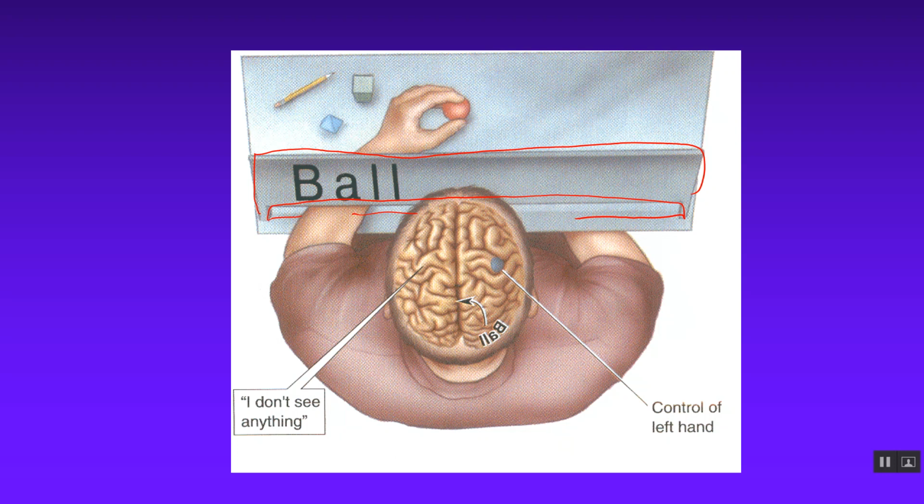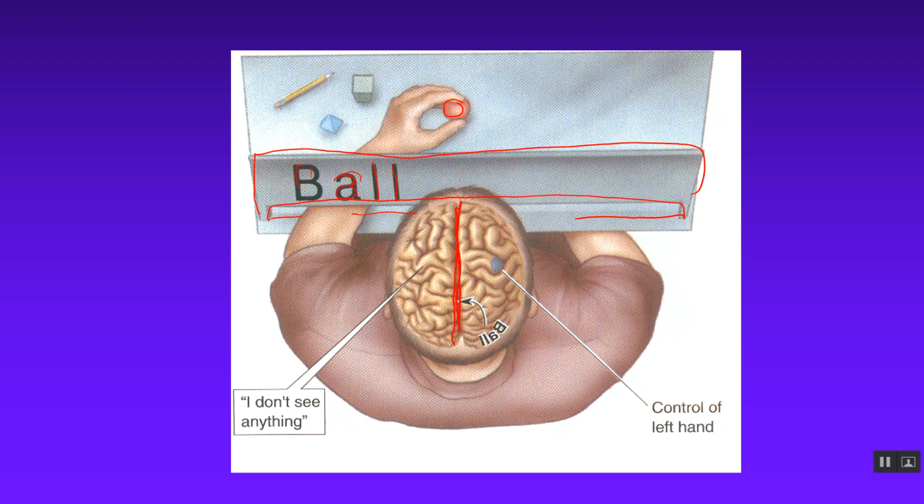So in this case, if this person has a callosotomy and we've blocked their view here, what happens is, if you flash the word ball up here onto this white area, and you flash the word really quickly, so it only goes to your left visual field, right?